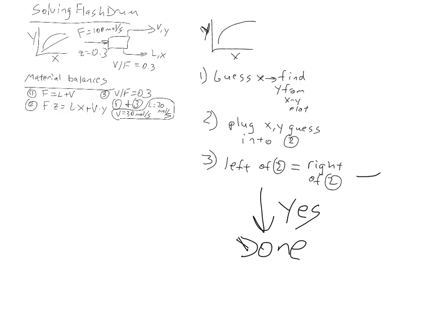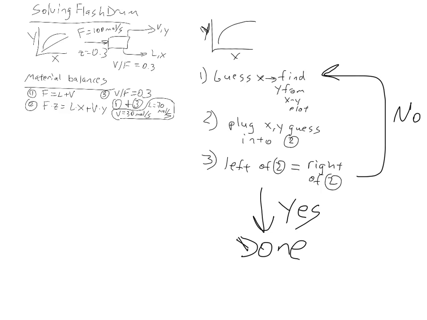If not, we guess another x and y combination, which we can again get from our vapor-liquid equilibrium plot, and go from there. That's the general procedure. We keep guessing x's and y's until the solution is self-consistent and equation 2 works out. It's more or less a trial and error approach.